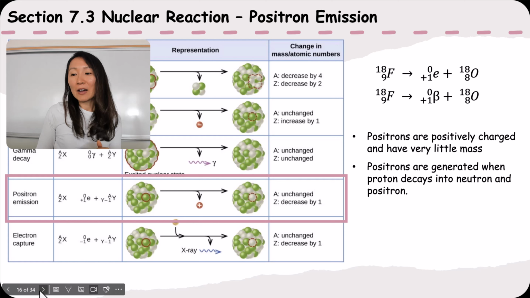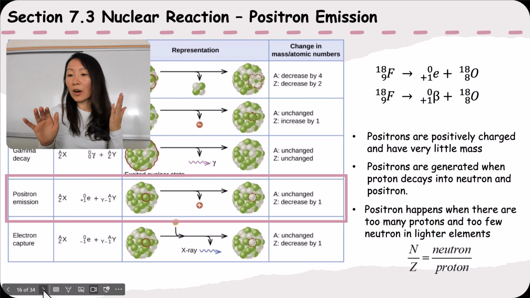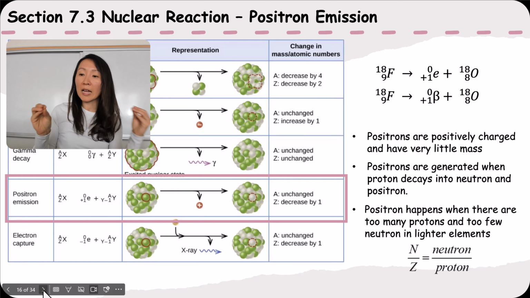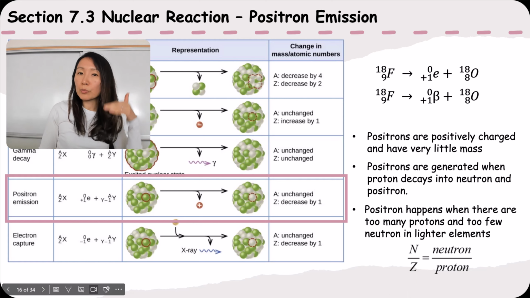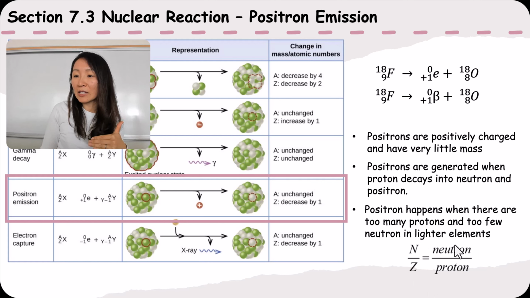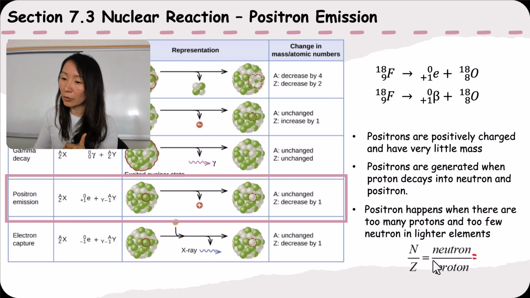Now, positrons are generated when a proton decays into a neutron, as I have mentioned, and it also decays into a positron. This occurs when there are too many protons and too few neutrons. So if you look at the N to Z, or neutron to proton ratio, you'll notice that because the proton number is high and the neutron number is low, you get a small value, probably less than 1.